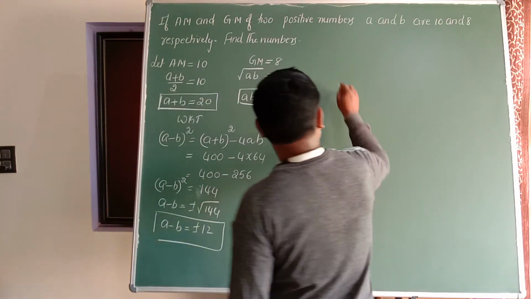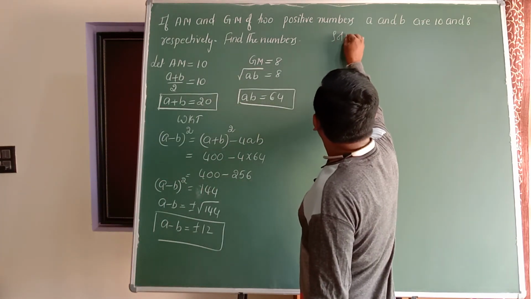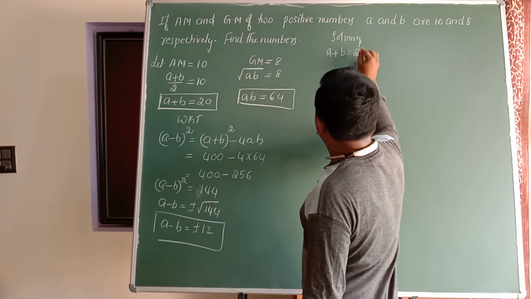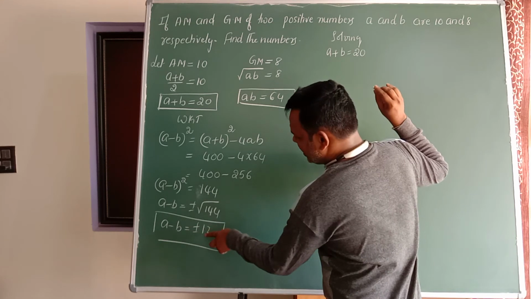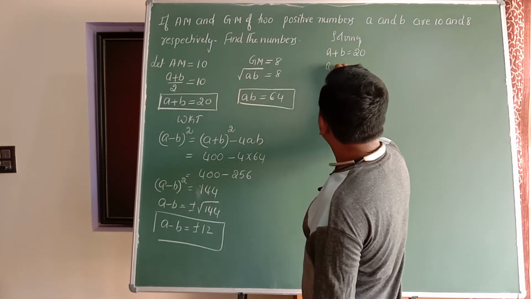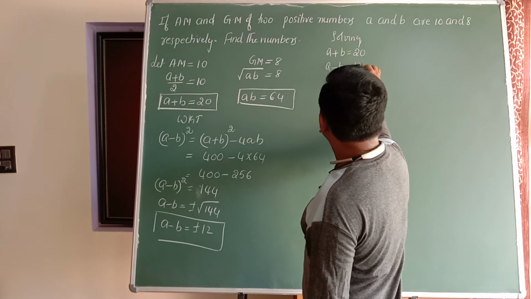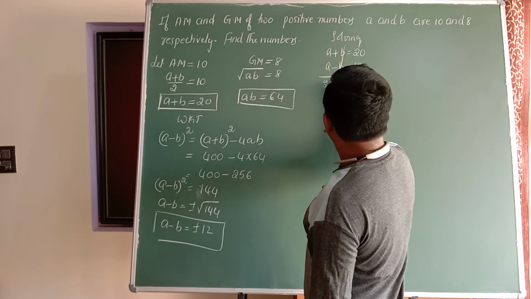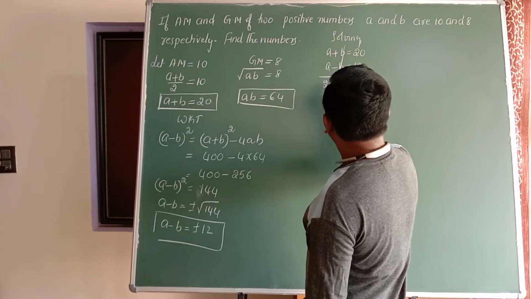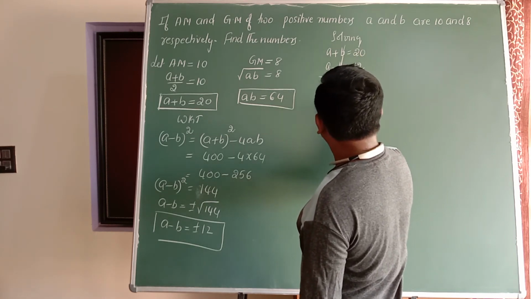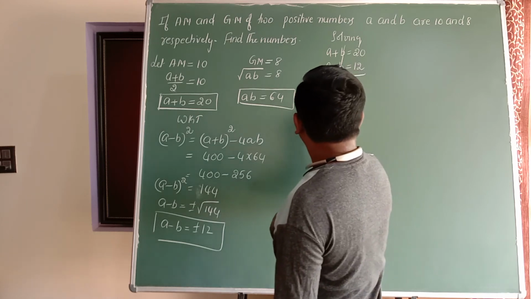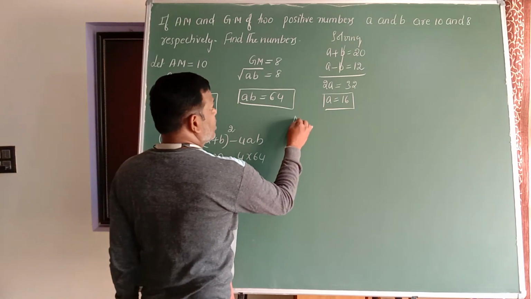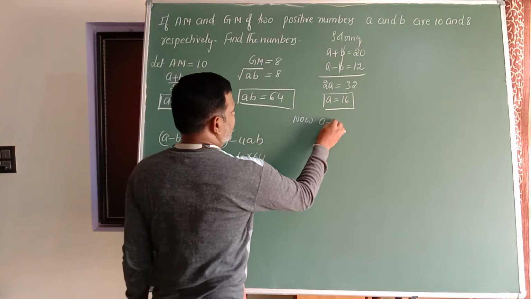A plus B is equal to 20, common. Taking A minus B is equal to plus 12 first, these two get cancelled. A plus A is 2A, that is equal to 20 plus 12, which is 32. So A is equal to 16. Got my point? So when A is equal to 16, we want to find the value of B. So now consider any one equation.